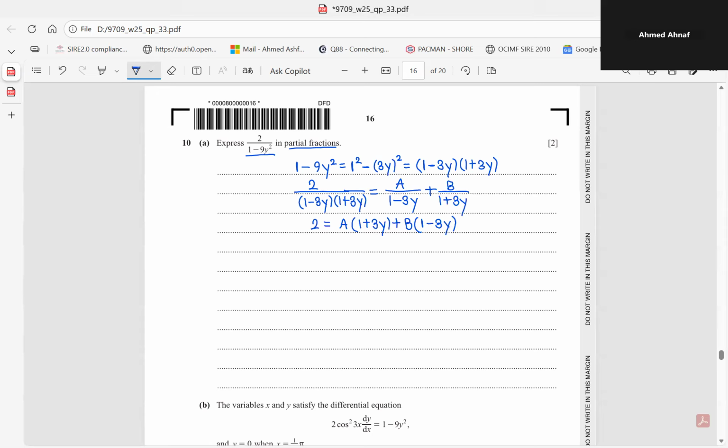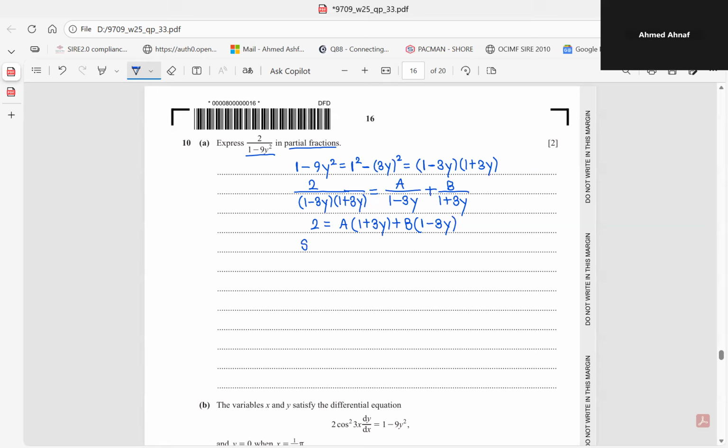Now we are supposed to make either one of these factors equal to 0 by substituting an appropriate value of y. So let's make 1 minus 3y equal to 0. If you solve this equation, you'll get y equals 1/3.